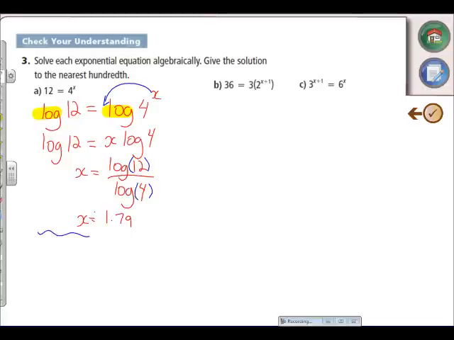But we could have done this a different way as well. I didn't need to slap that log in on both sides there. What you could do is take it into logarithm form. So straight from here, 12 equals 4 to the x. Let's take it to log form. Log base 4 of 12 equals x.